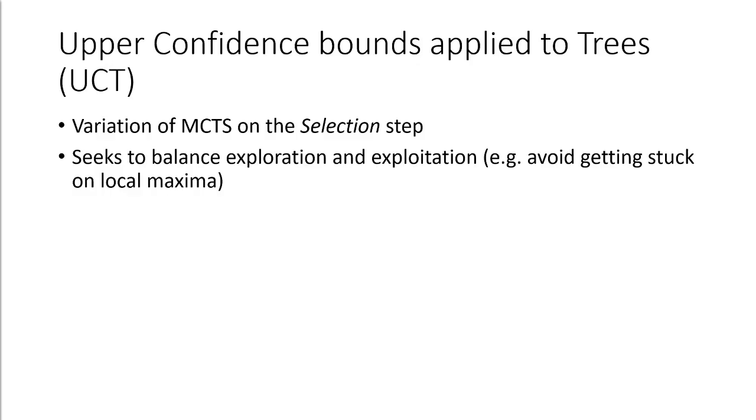So we can think about the steps of the Monte Carlo tree search and how we might come up with a variation on the selection step that's leveraging this notion of exploration and exploitation. And the idea is we want to avoid getting stuck on any local maxima or minima type of situation.